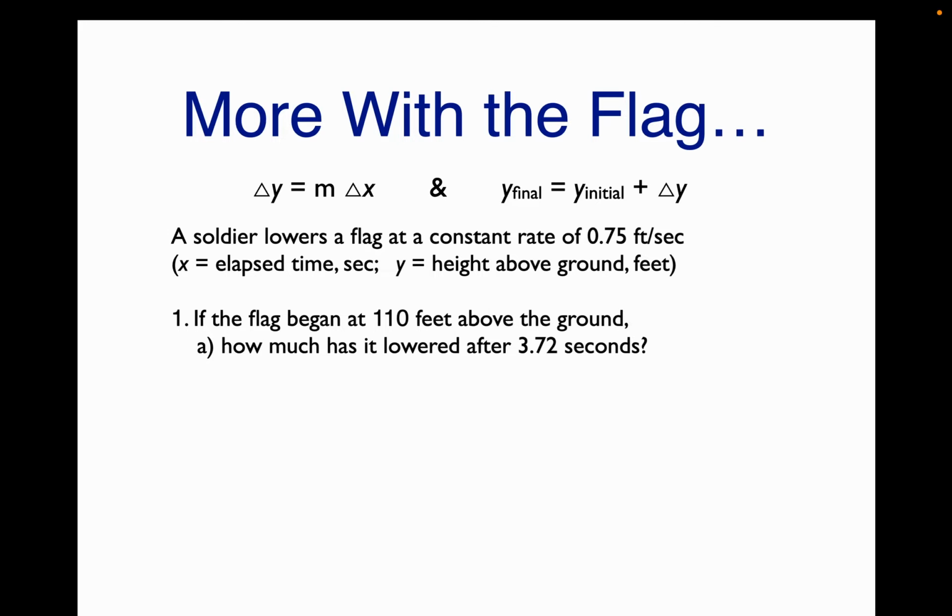The way it's worded kind of indicates it's from the beginning, but any 3.72 second interval would be the same. I do negative 0.75 times 3.72, and I would get that delta y. Good, so this part A is asking for a delta y value. How much did the height change of the flag?